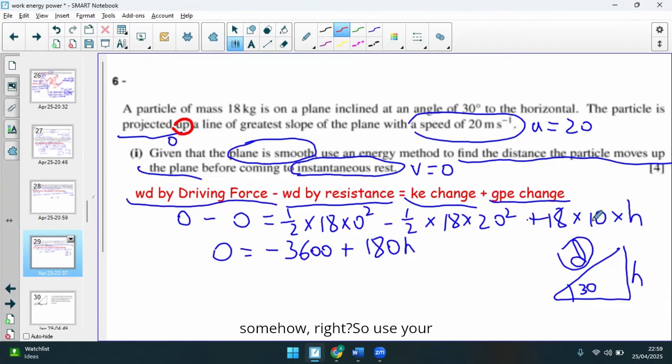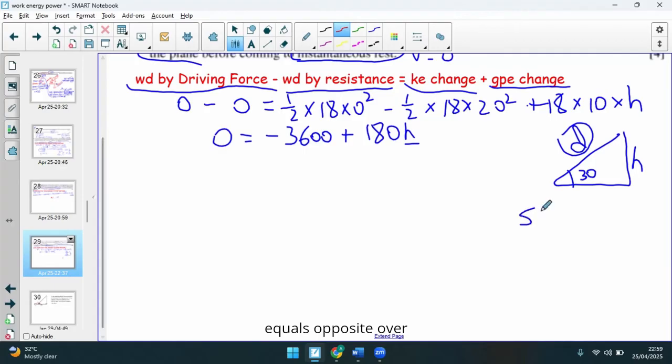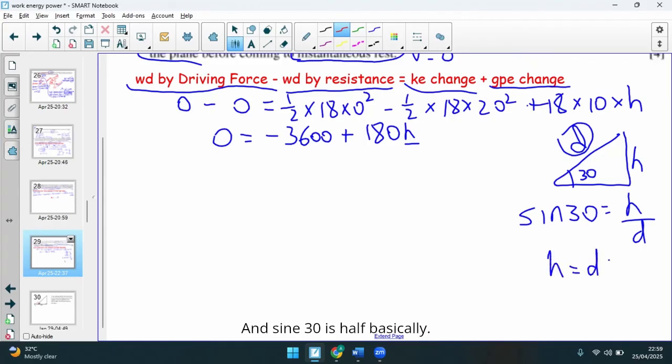So use your SOHCAHTOA. Sine 30 equals opposite over hypotenuse. So H equals D sine 30, right? And sine 30 is half basically.